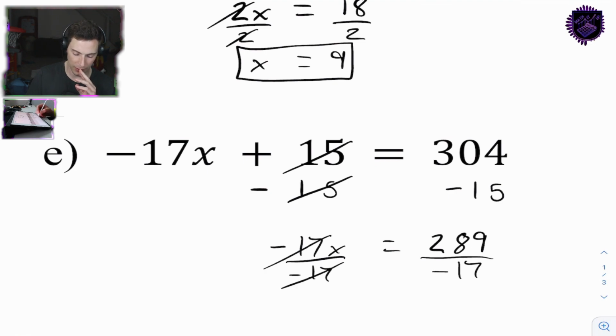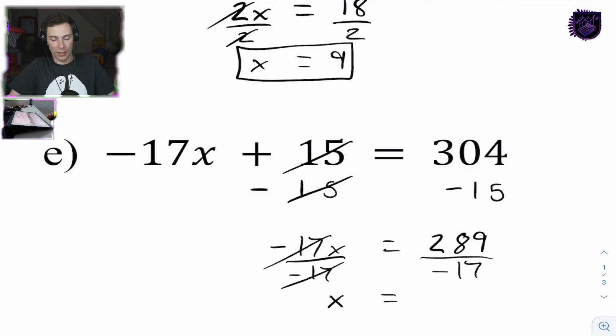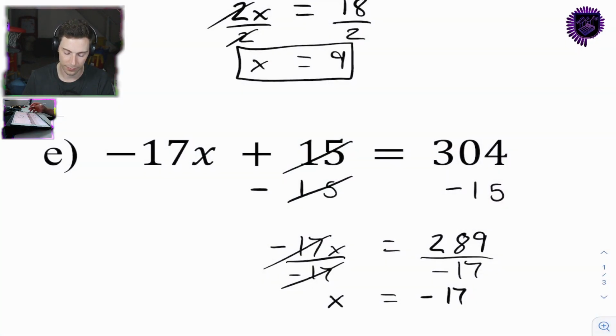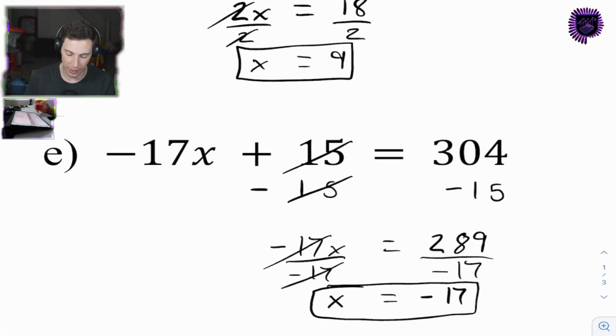Cancel out. X is equal to 289 divided by negative 17. Is the answer 17? Answer's negative 17, I think. Let's check that. 289 divided by 17. Yeah, 17. Okay. All right. And because positive divided by negative, it's negative 17.